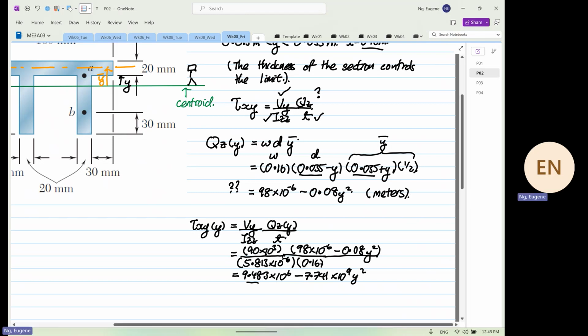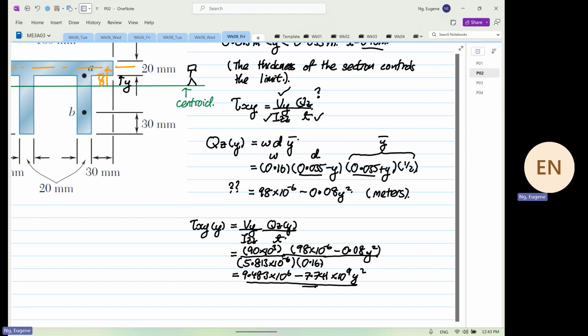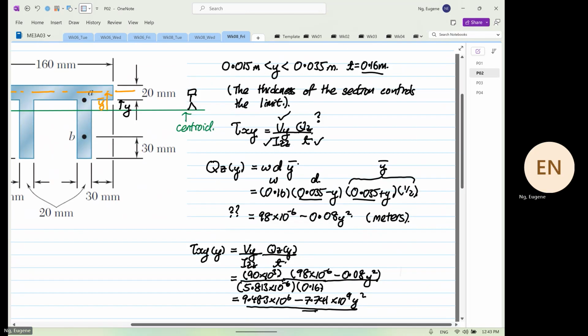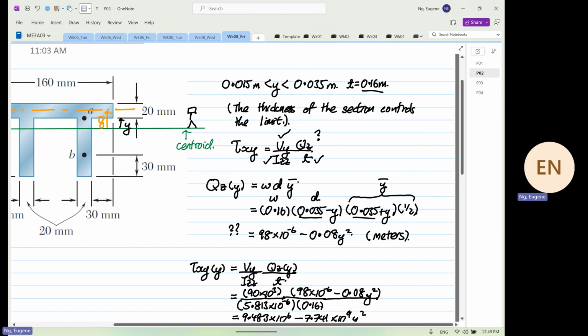So this is your distribution equation. And this distribution, the limits is what? The limits is 0.015 to 0.035.